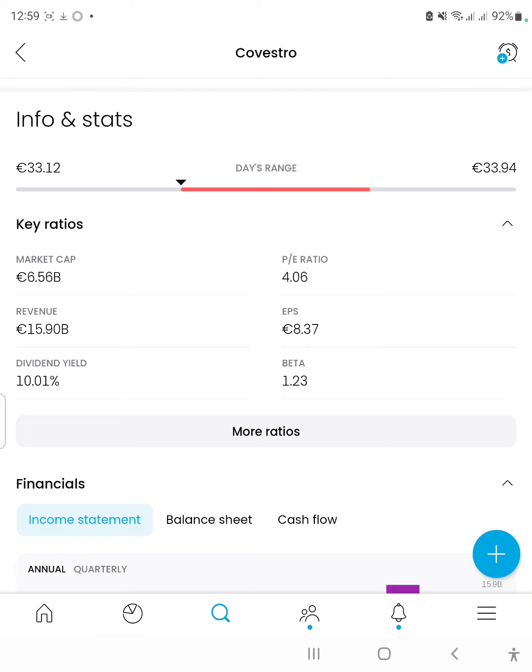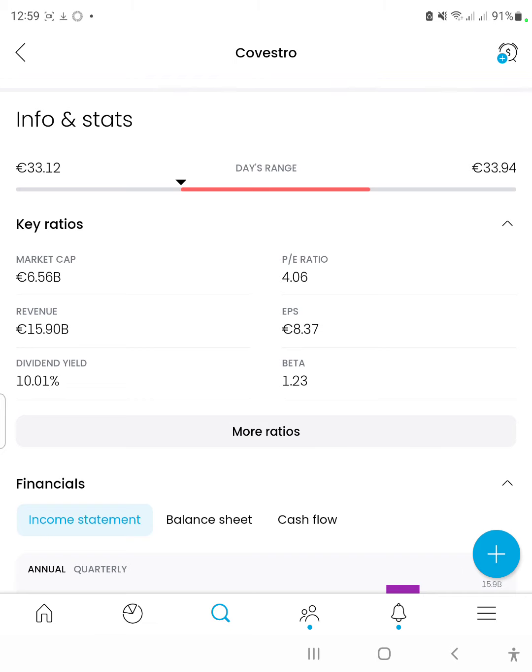PE ratio, which is a price to earnings ratio, which determines the expensiveness of the company, if you will. The price per share divided by the earnings per share, which, as I said, determines the expensiveness of the company.